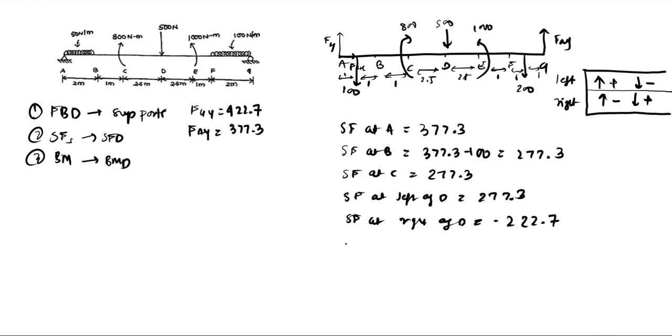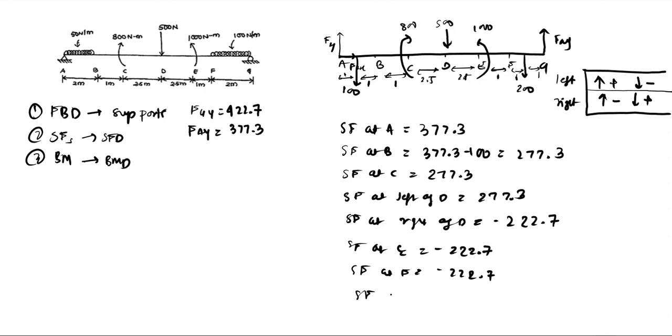It just helps us visualize how the shear force is varying at that particular point. So shear force at E will become the same, which is minus 222.7, because again there is no shear force between D and E. And shear force at F will again become minus 222.7.